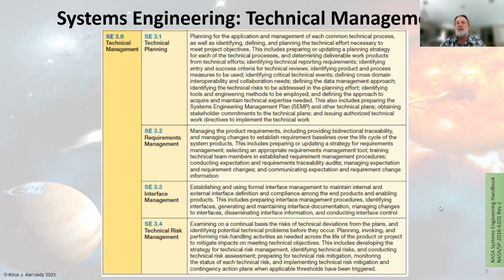And that's where you get into documents like interface control documents and so on, which basically baseline and lock down: this is what we know to be the interfaces. Here are the inputs and outputs between these interfaces and the expectations between the various products that are interfacing, whether they're at the element level, system level, subsystem level, even down to the component level.